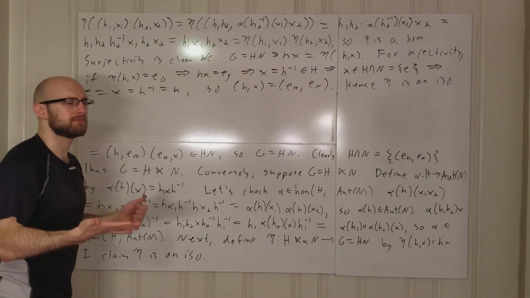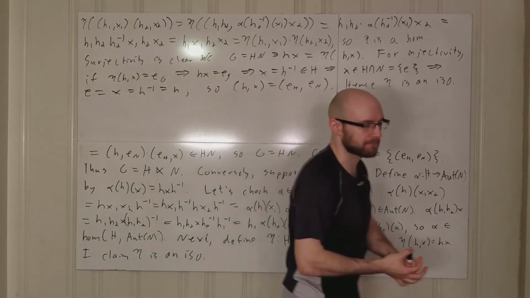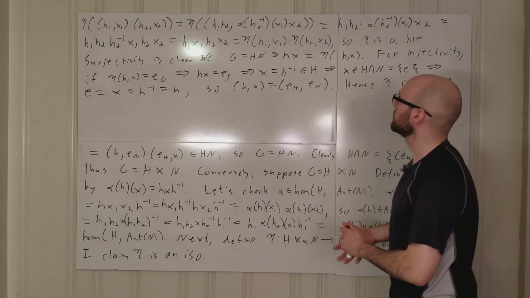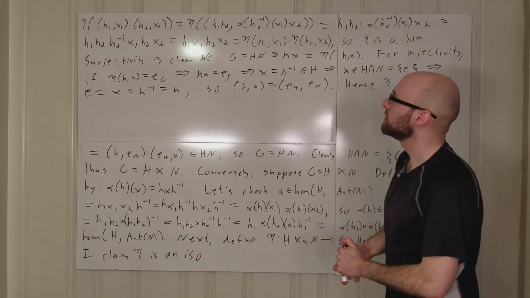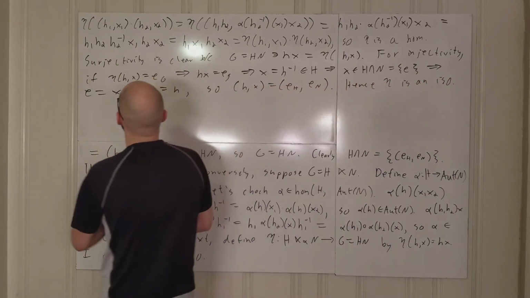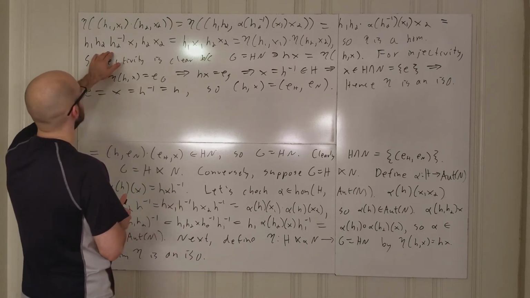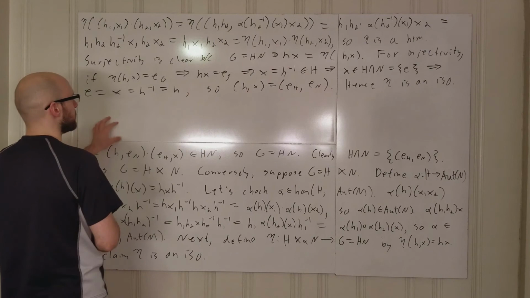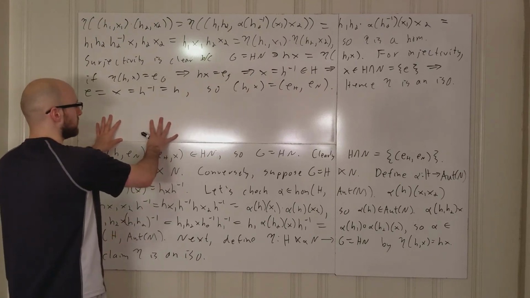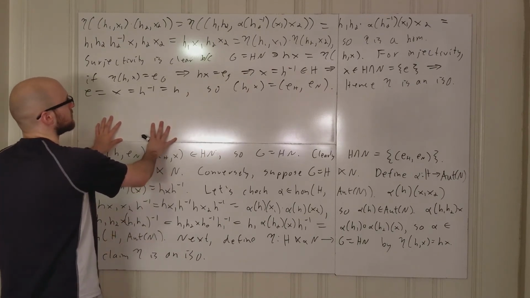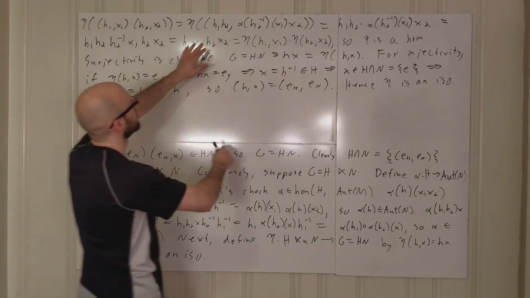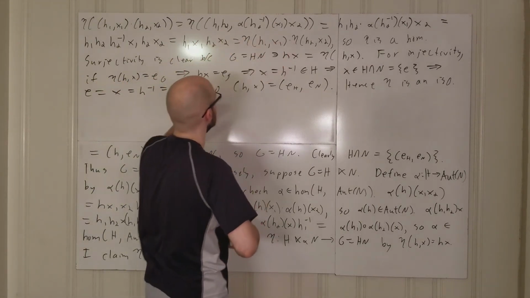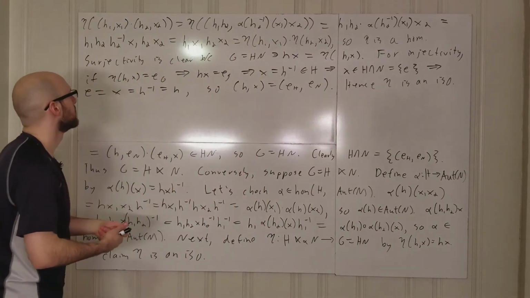And so that's the real issue with semidirect products. Now, if this is a direct product, then everything commutes. And so if you had h1, h2, x1, x2, then you could just move them around.